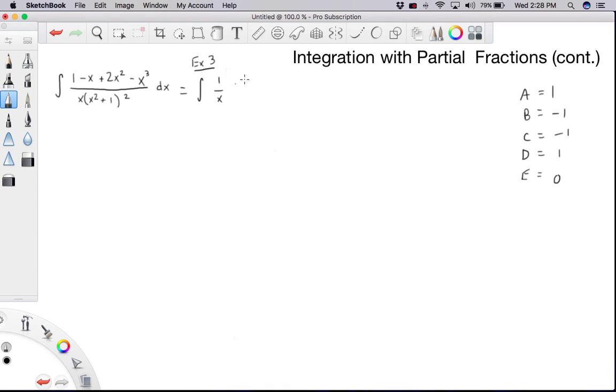So we get the integral of 1 over x times dx, plus the integral of negative x minus 1 over x squared plus 1, plus the integral of 1x over x squared plus 1, squared.